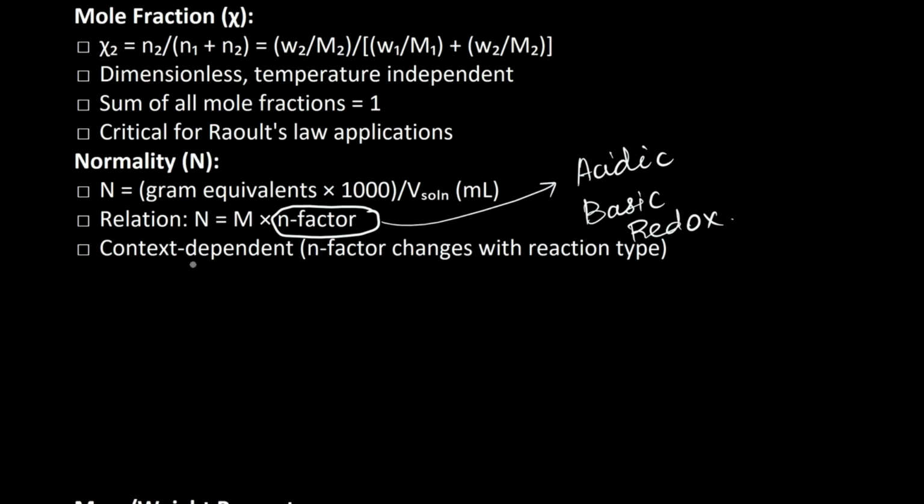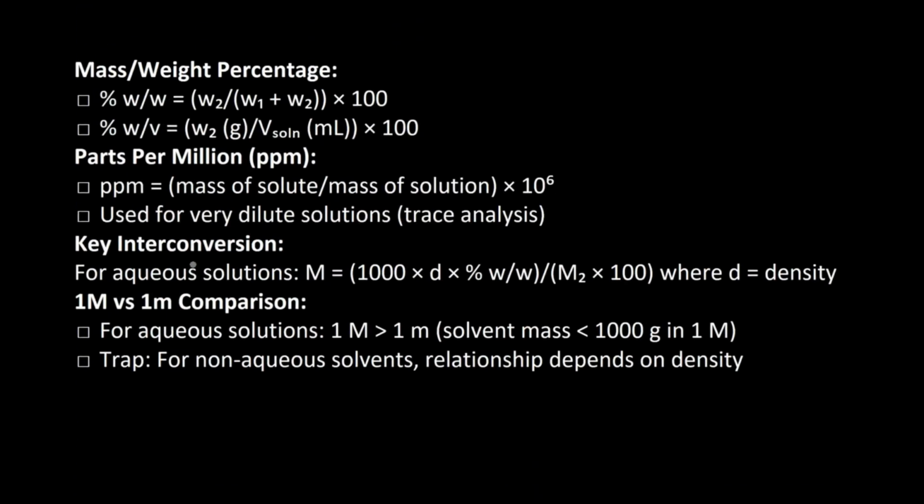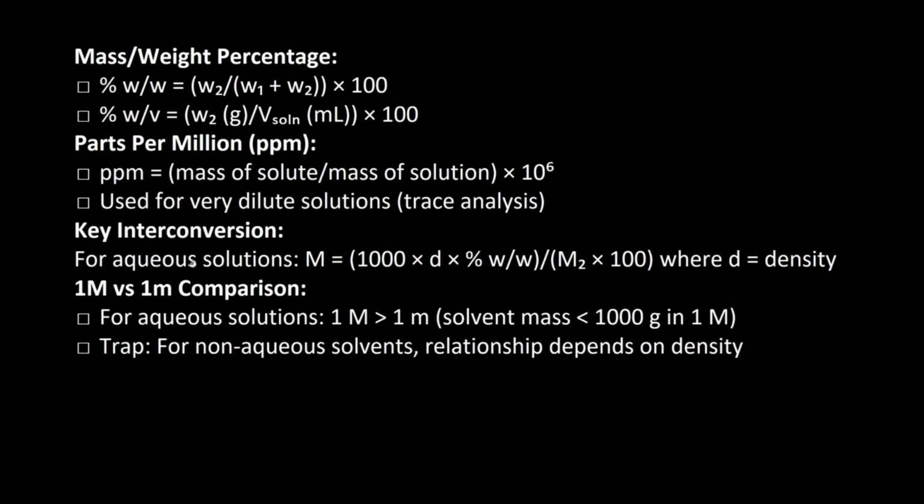Okay, and the normality and the molarity conversion is very simple. In normality we are using this n factor, but in molarity we don't have it. So if you just multiply M into n factor, you will get normality. Okay, then mass by weight percentage and parts per million.